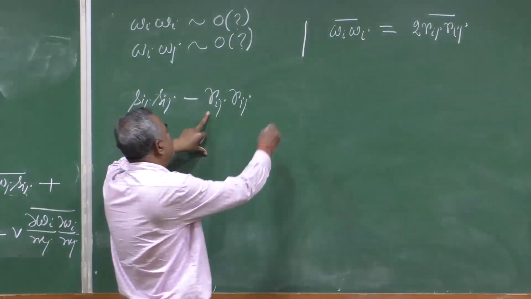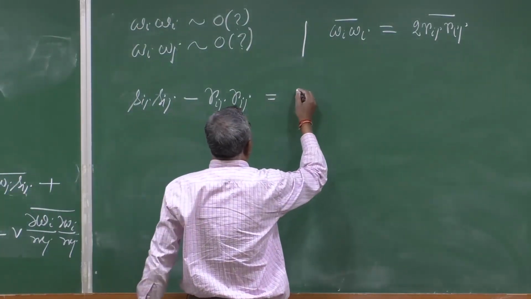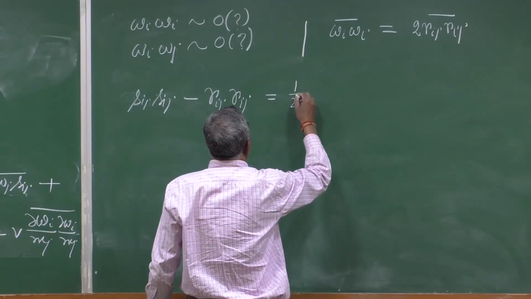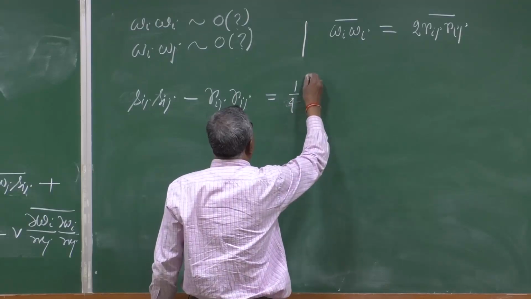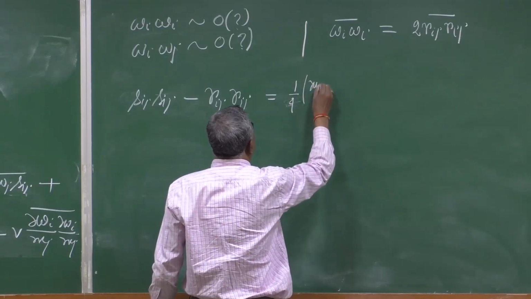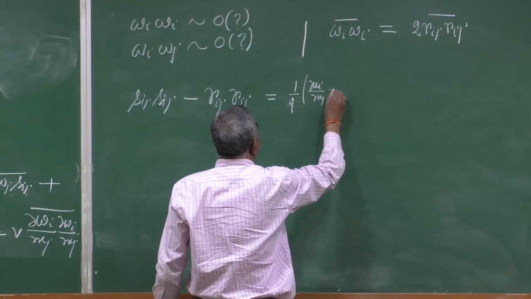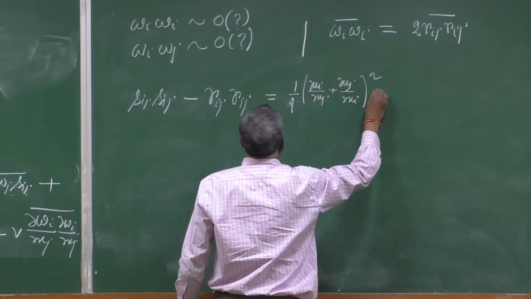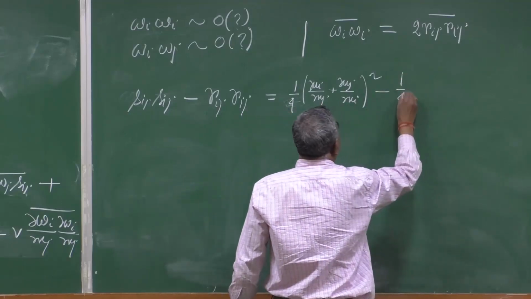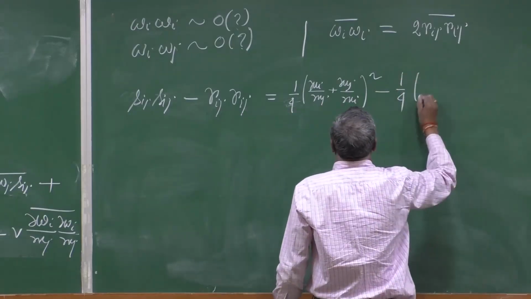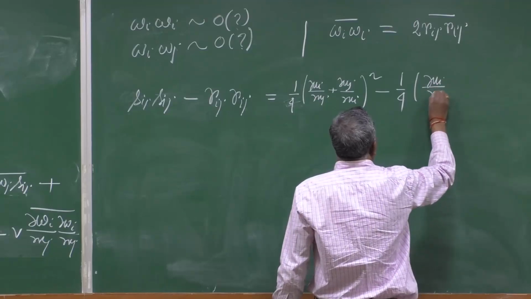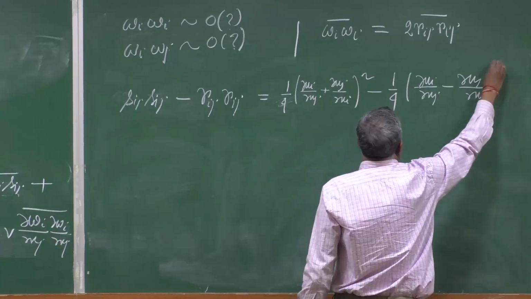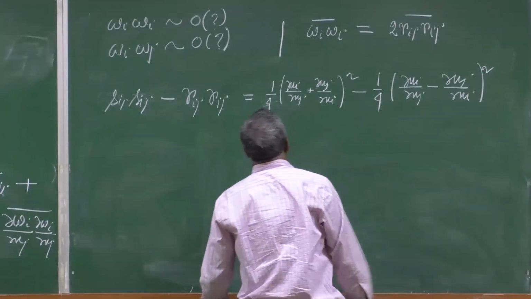If you write this, it is basically 1 by 4 (del u I del x j plus del u j del x I) whole square, minus 1 by 4 (del u I del x j minus del u j del x I) whole square, right.